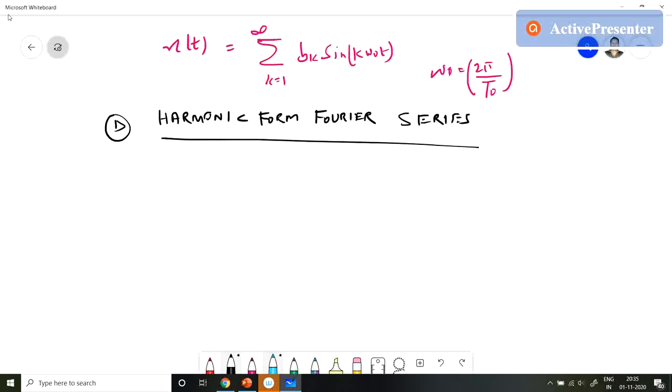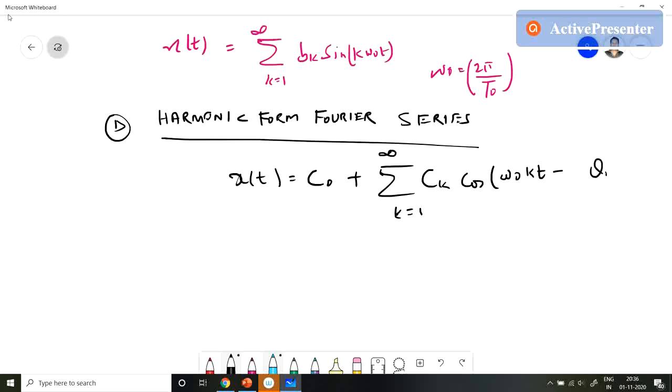Another form of the Fourier series representation of a real periodic signal of fundamental period T naught is that we can represent xt as C naught plus the summation from k equals 1 to infinity of ck cos(omega naught kt minus theta k).